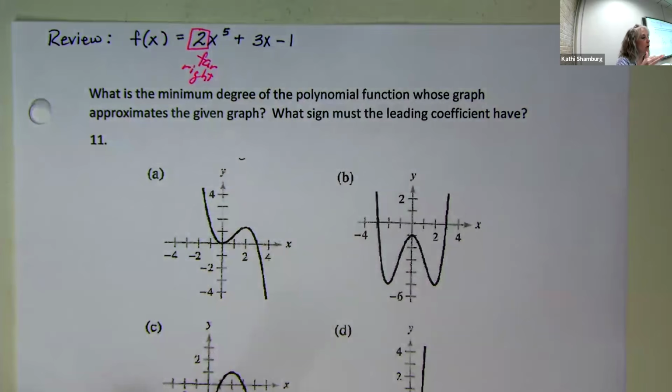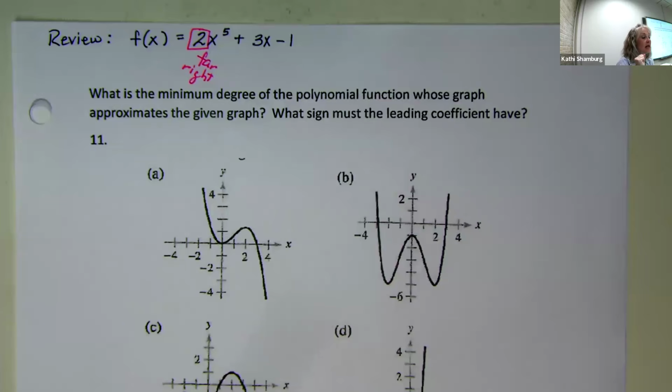Okay. So quick question. What is the degree of this polynomial? The largest exponent. What degree? No, I'm not asking about that. You're giving me the max number of bends, which we'll get to. I want to know what is the degree of this function? 5.